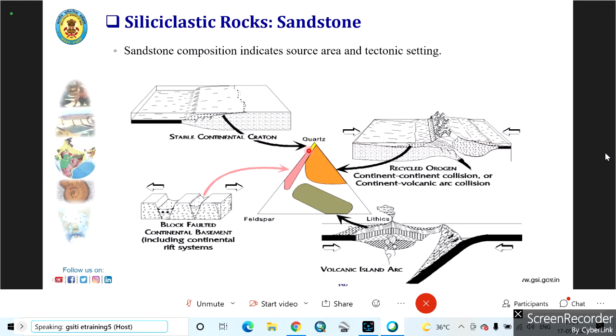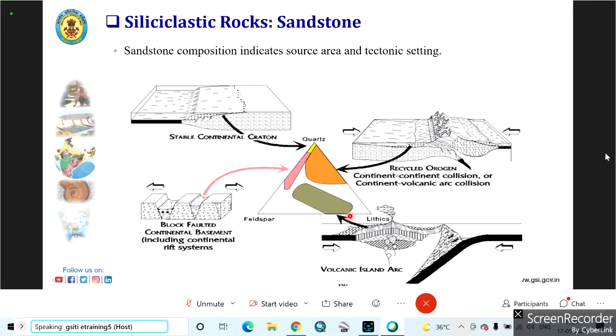When there is a percentage of quartz and feldspar only, with very few lithic fragments, the sandstone has developed from the continental rift system. Whereas when there is a percentage of quartz and lithic fragments as well as a few percent of feldspar, this has developed from the provenance of continent-continent collision, or recycled origin, or the continental volcanic arc collision.